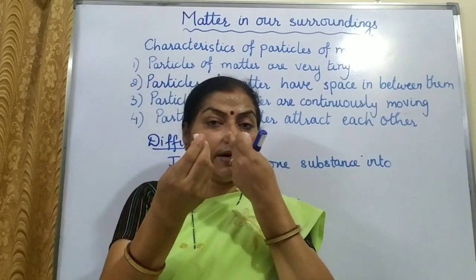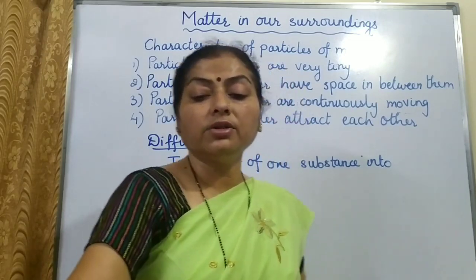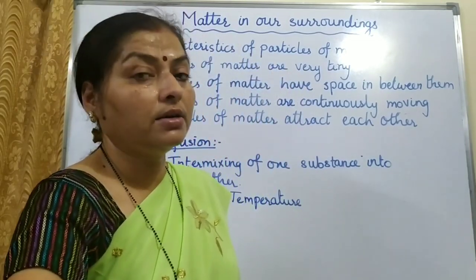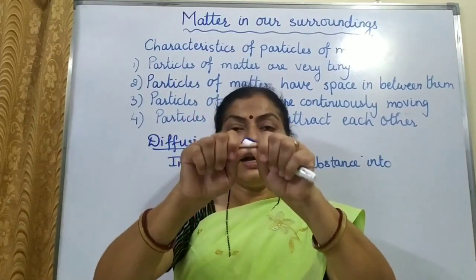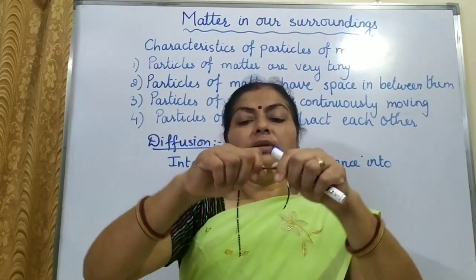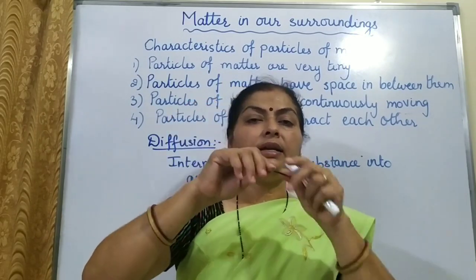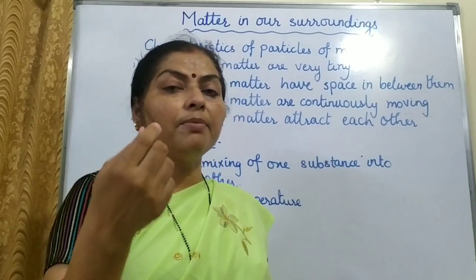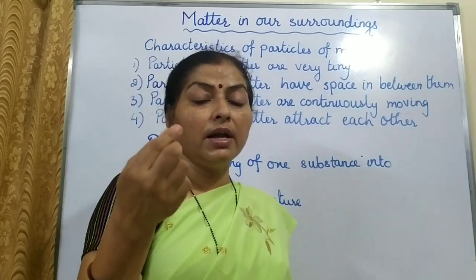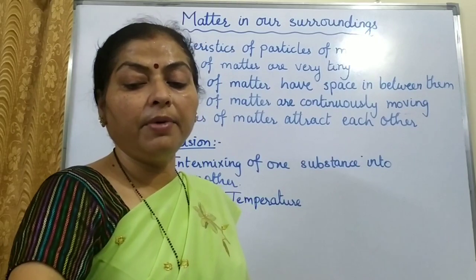Why? Because the force of attraction between the chalk particles is weak, so I can break it easily. But this iron nail, I can't bend it easily, neither can I break it. So this iron nail has a higher force of attraction. The particles are bound with more energy, and that is why I can't break it.